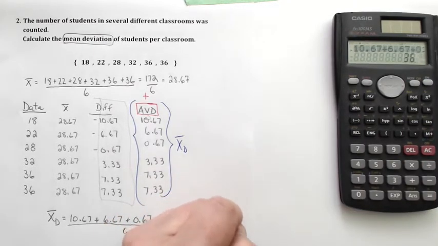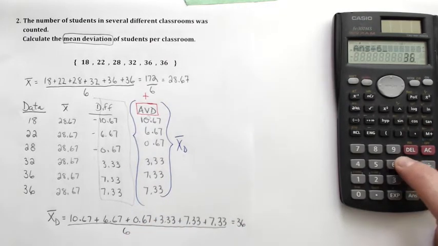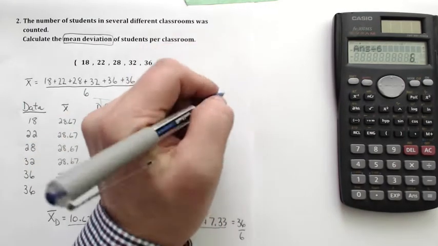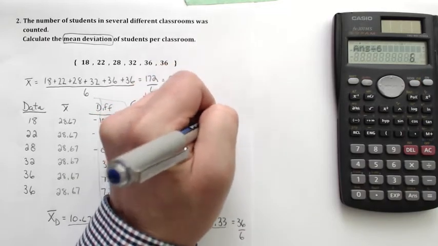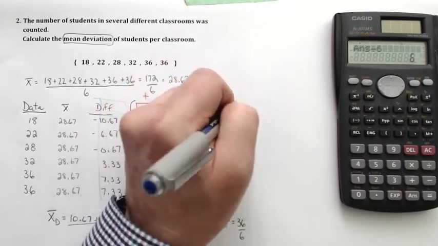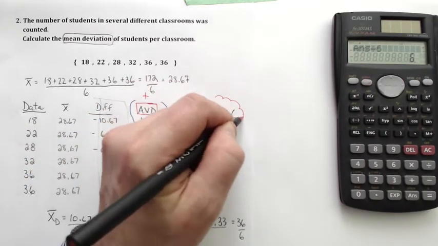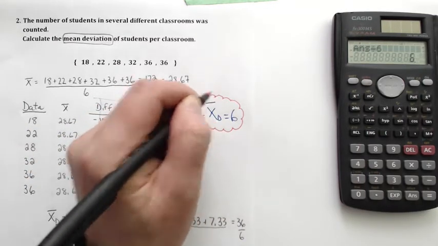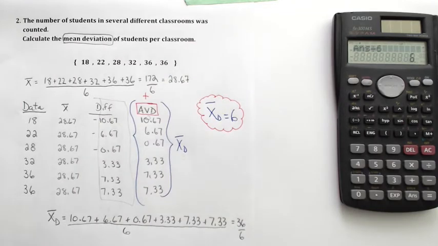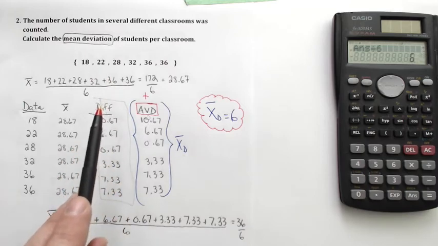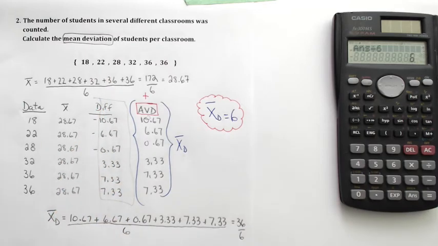We get a nice clean number, 36, which we are going to divide by 6 to give us a mean deviation of 6. So right there is our average distance from the average, which means on average each of those is 6 away from the average, and that is mean deviation.